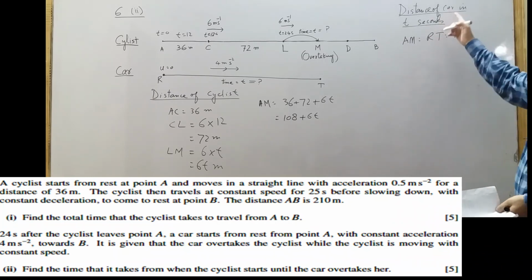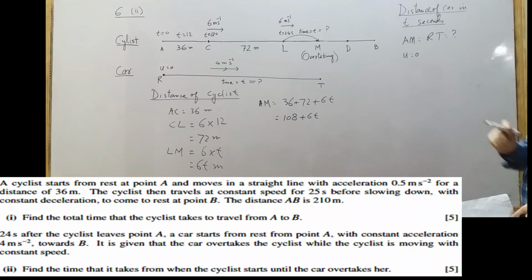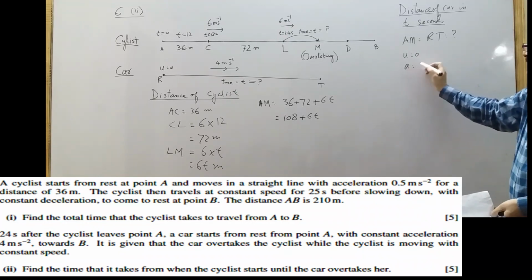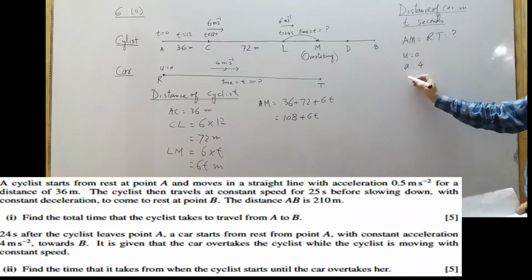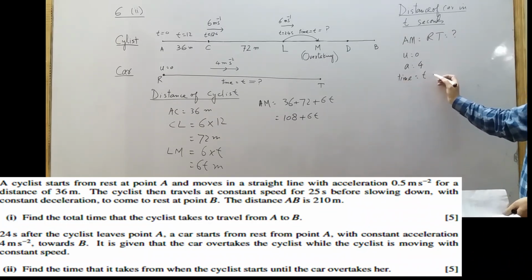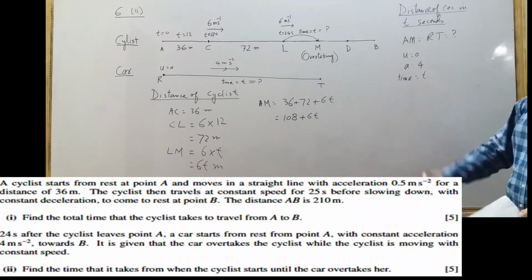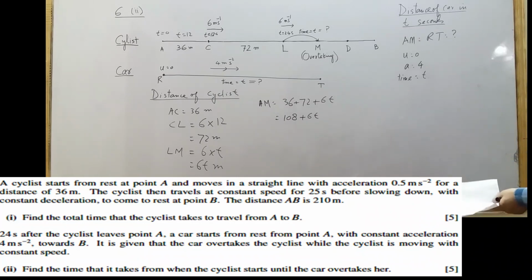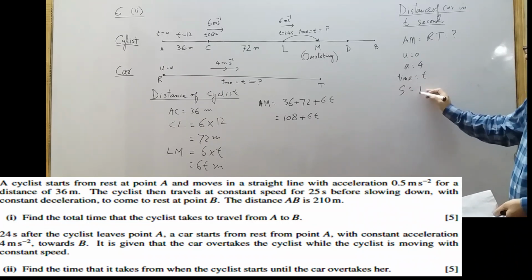Now for the car, it is given that it starts from rest and moves with constant acceleration. The acceleration is constant, the time we are supposing is t, and the distance s is RT.